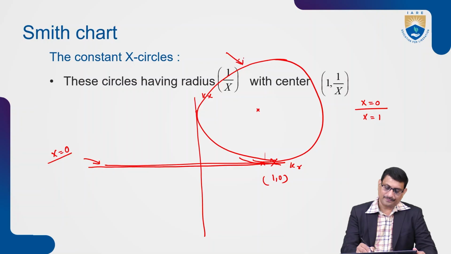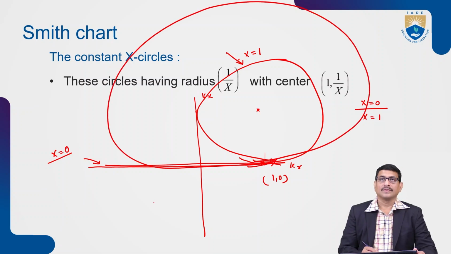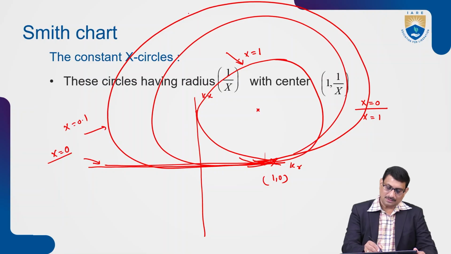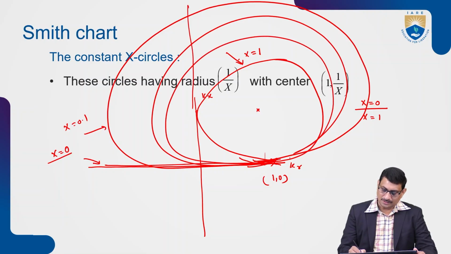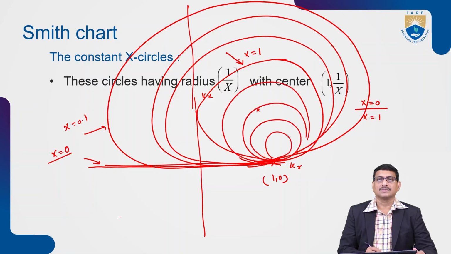If I take x equal to 0.1, I may get a circle like this. x equal to 0.2, x equal to 0.3, x equal to 10, 20, 30, 40, like this.